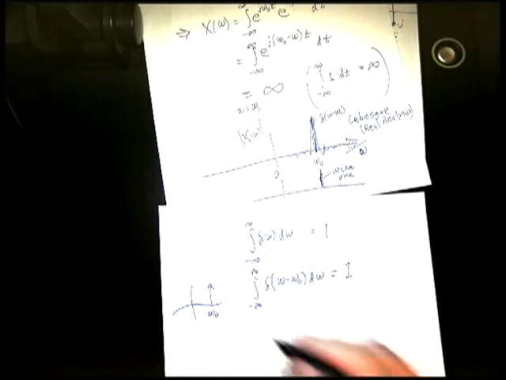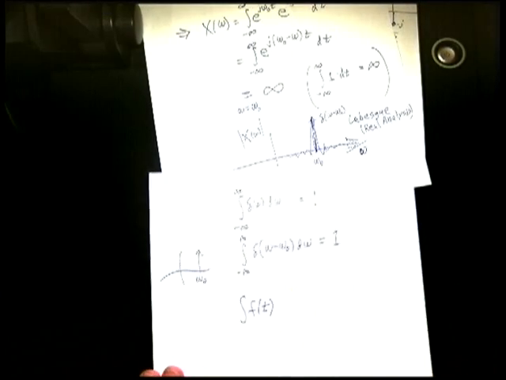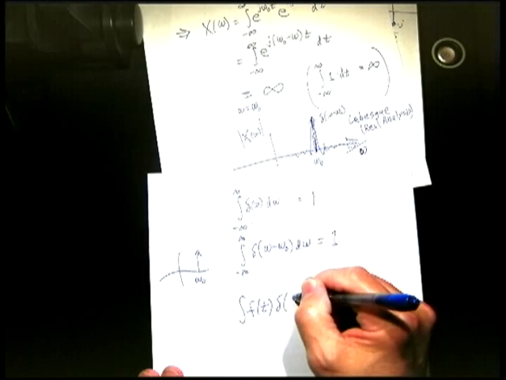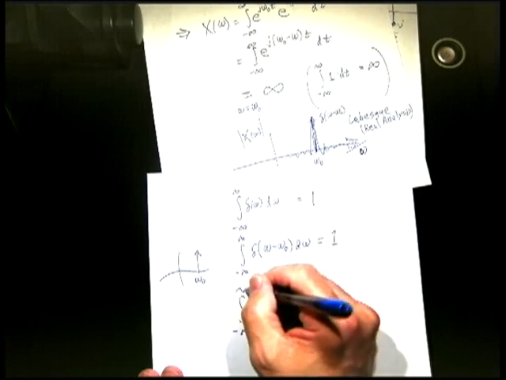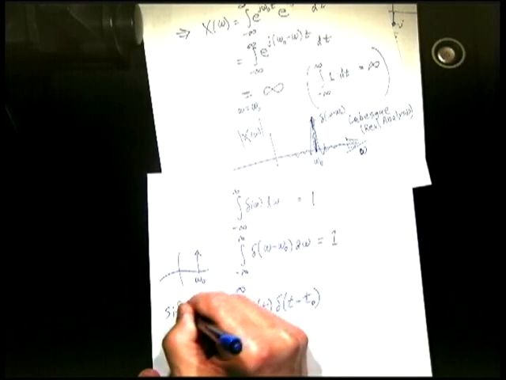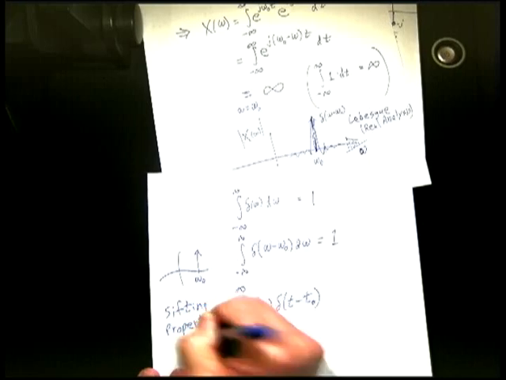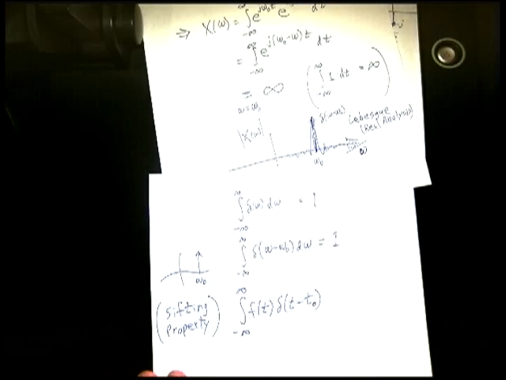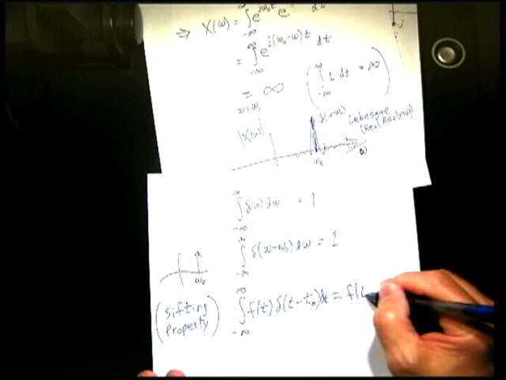They call this the sifting property. So then in particular, if you have some continuous function, f of t, and you multiply it by an impulse at t0 and integrate from minus infinity to infinity, the so-called sifting property is that the answer here, I need a dt, the answer here is f of t0.